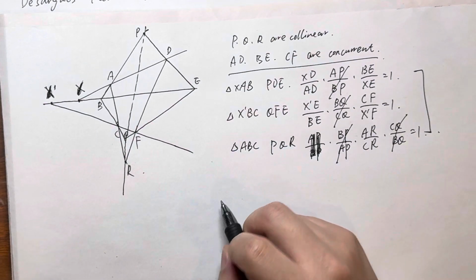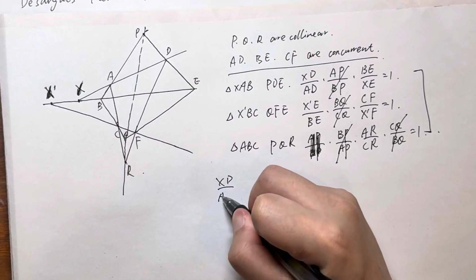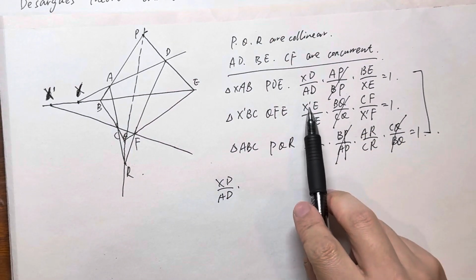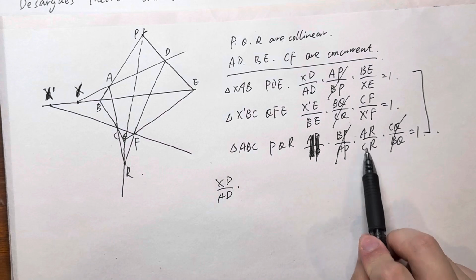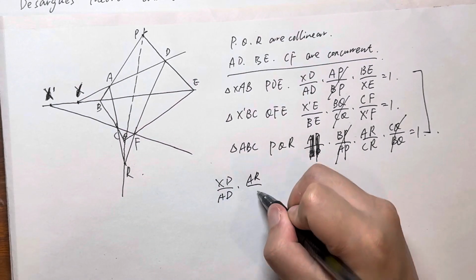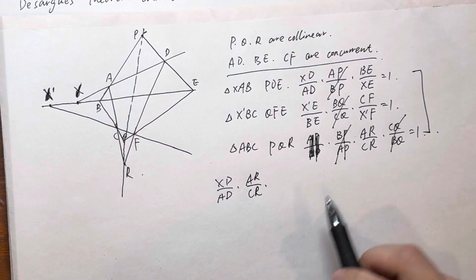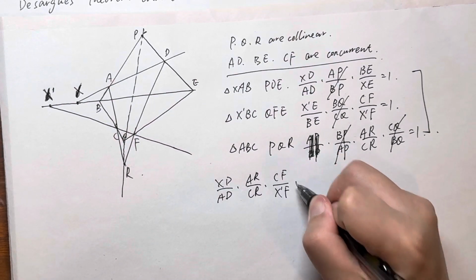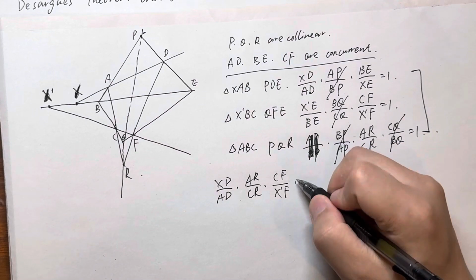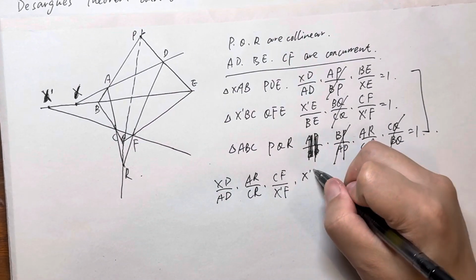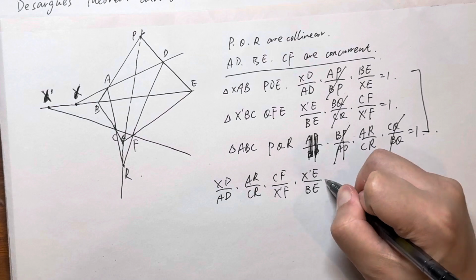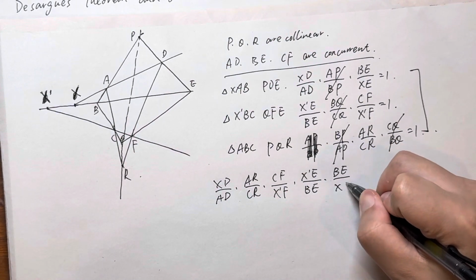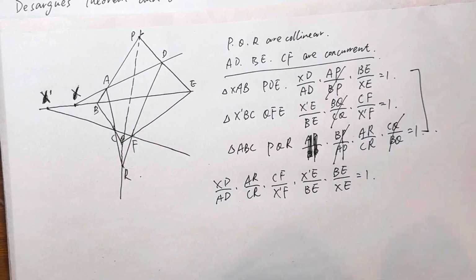Right? So what we are left with is XD to AD times AR to CR times CF to X prime F times X prime E to BE times BE to XE equals 1, right?